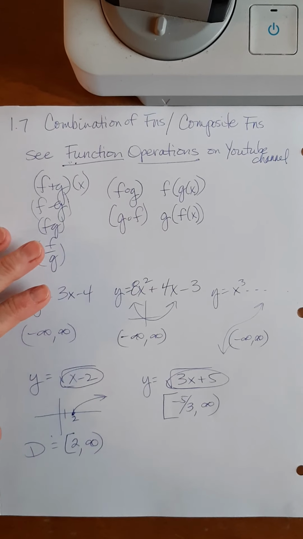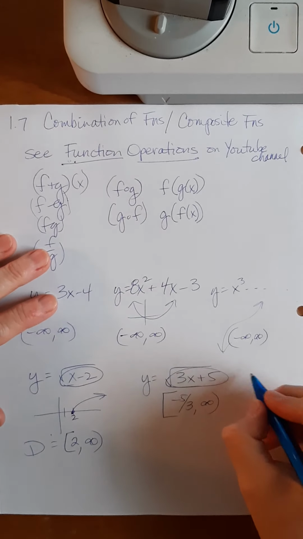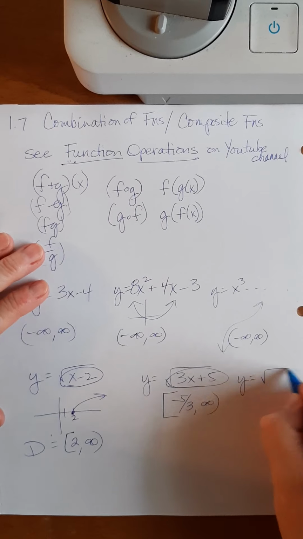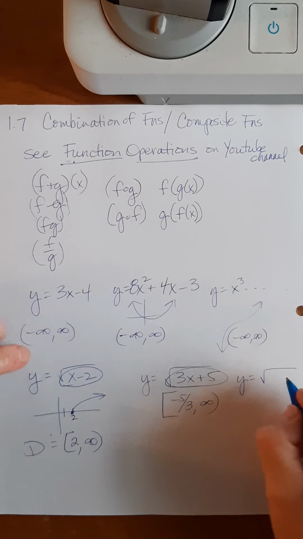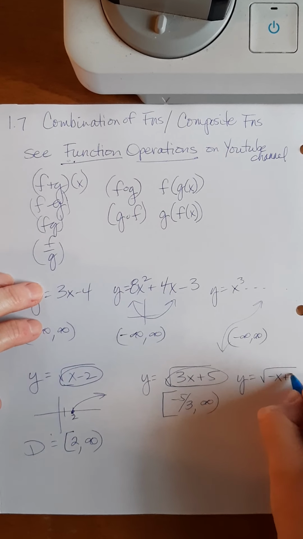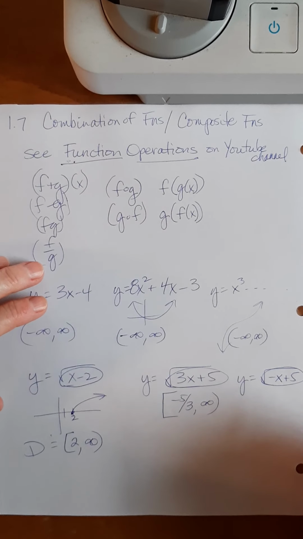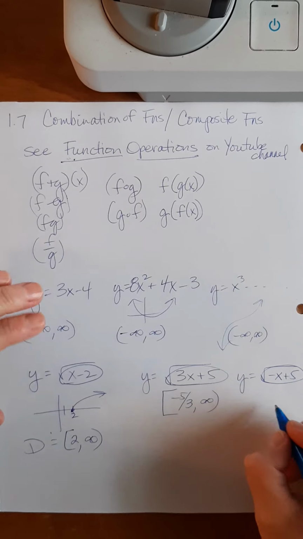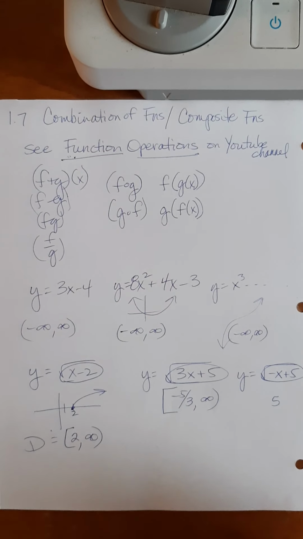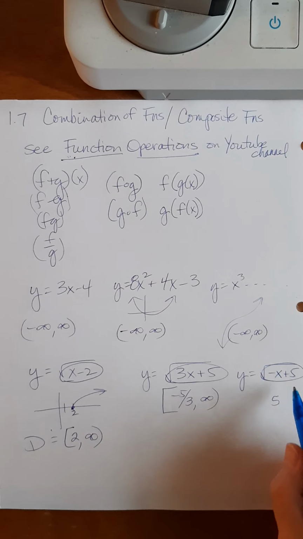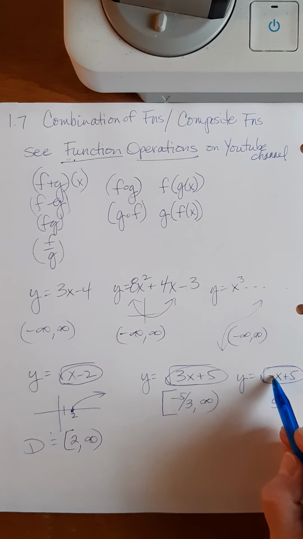Let's do one more of that before we do weird stuff. Let's say it's square root of negative x plus 5. What makes this 0? And you know it's 5. Well, here's the only thing. Notice how on this one, the x is negative.